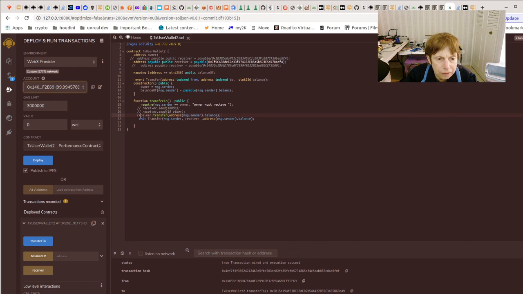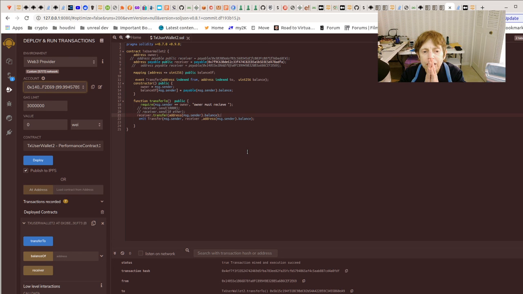I understood this to mean transfer this amount of money from the sender, but it's actually from the contract. So there is some more work to be done on this.